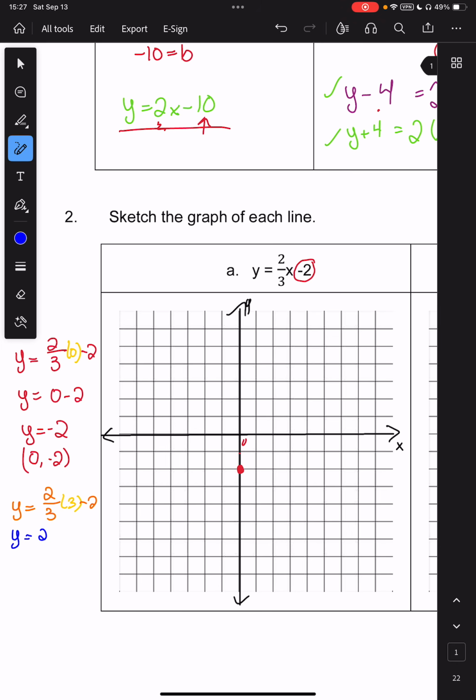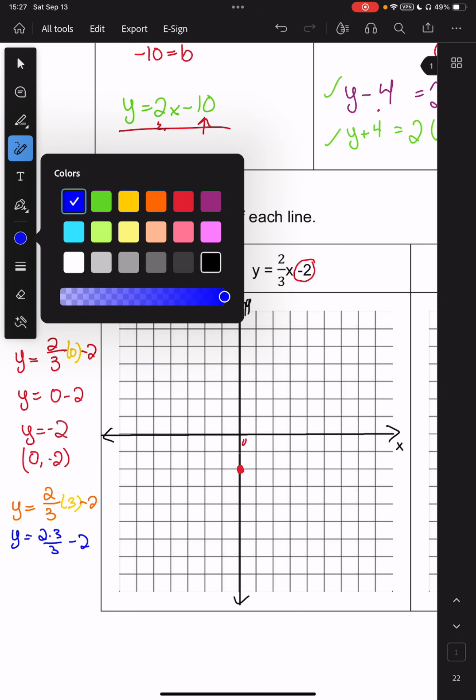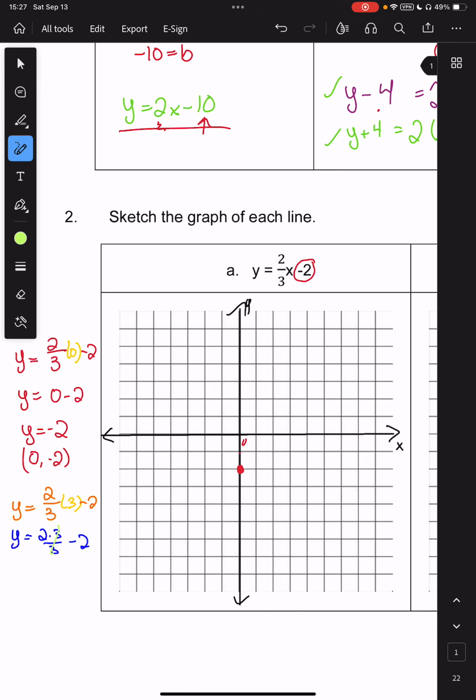Well, if we do 2 times 3 over 3, since we have a 3 in the numerator and in the denominator, that cancels out. And we're left with y is equal to 2 minus 2, or y equals 0. So now we have the point 3, 0. And we found our x-intercept. When our y is 0, our x is 1, 2, 3 right here. So that's our second coordinate point there.